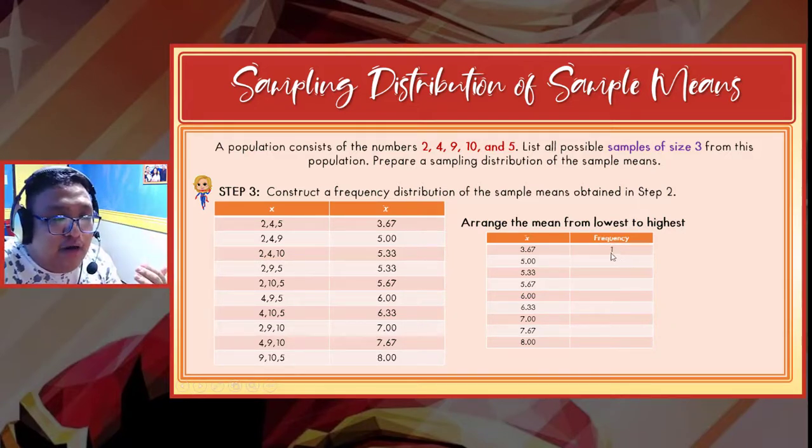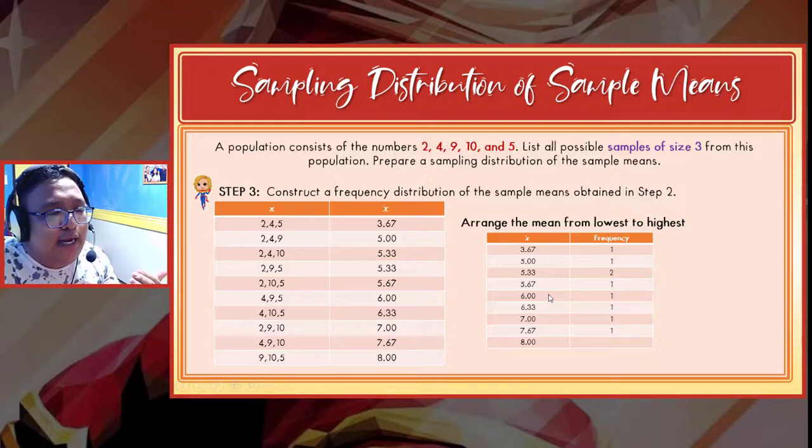Kasi dito na siya magre-reflect sa frequency. Okay? So, ilang 3.67 ang meron? So, dito, isa lang. Ilang 5? Isa lang din. Right? Now, pagdating natin sa 5.33, we have 2, right? So, you're just going to put it 2. And the rest is 1, right?